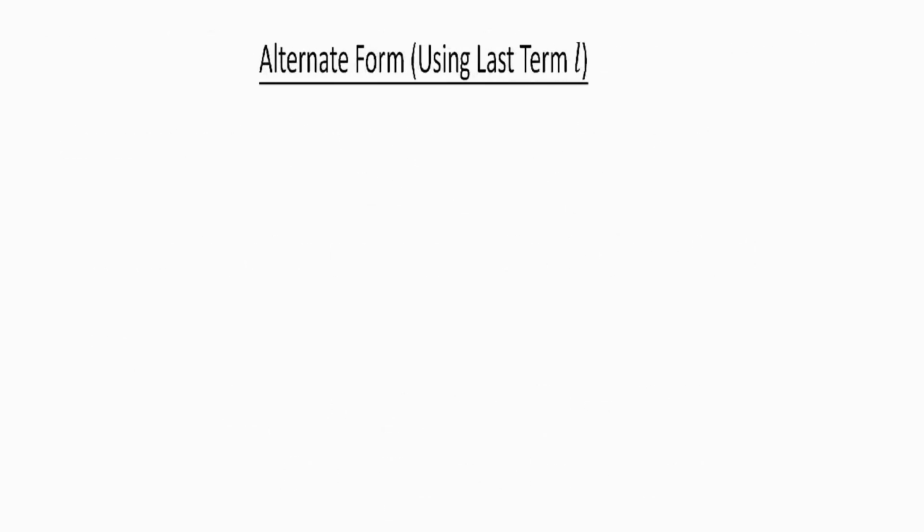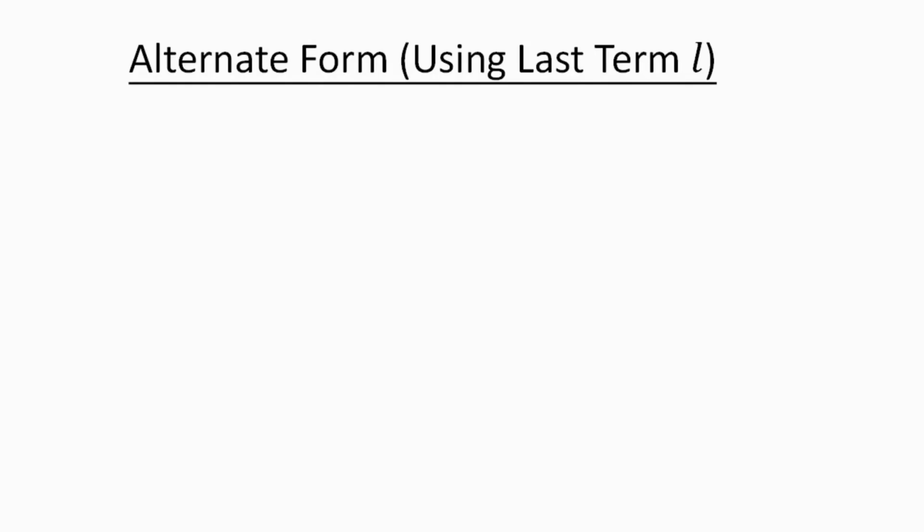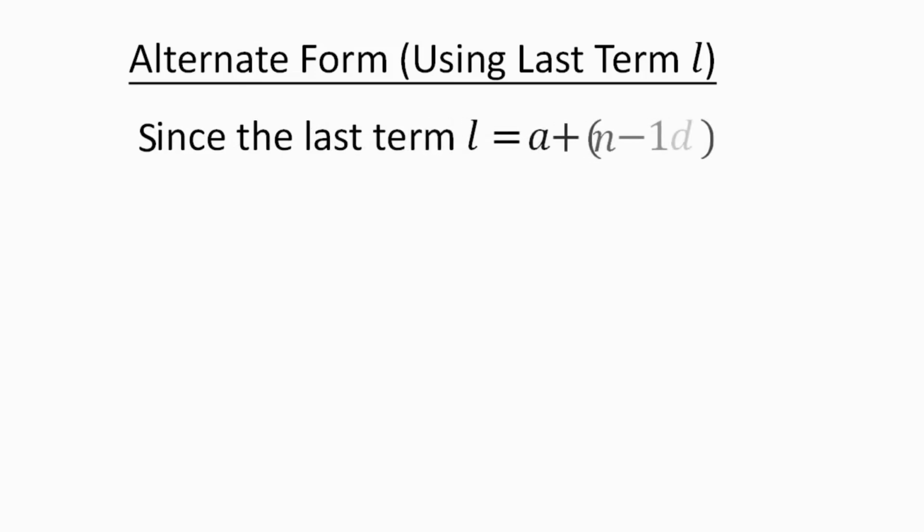There is an alternate method of finding the sum of n terms of an arithmetic progression. Let us derive that formula. The last term L is written as L is equal to a plus (n minus 1) times d.